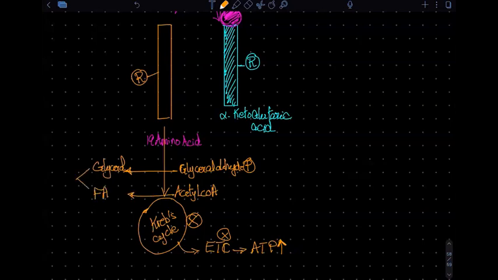You add both together, you form triglycerides stored in your adipose tissue cells. So either you're gonna use them to build up ATP, or if you don't need ATPs, they will be stored in the form of fats in the adipose tissue cells.